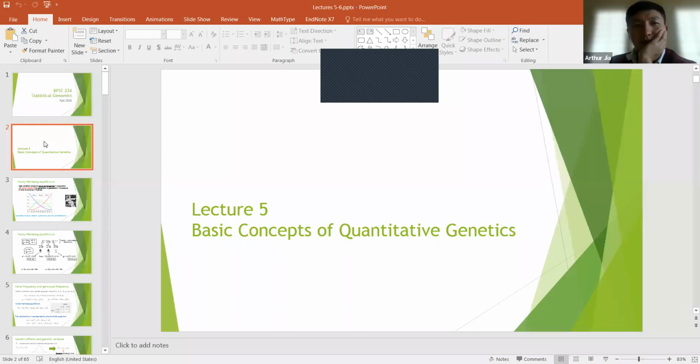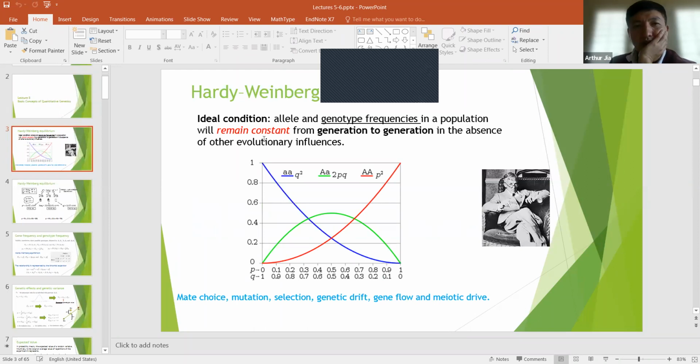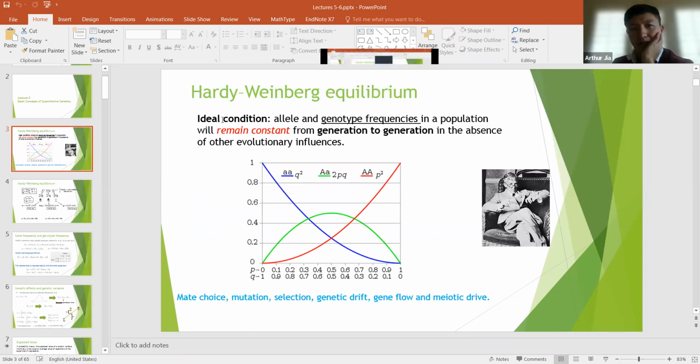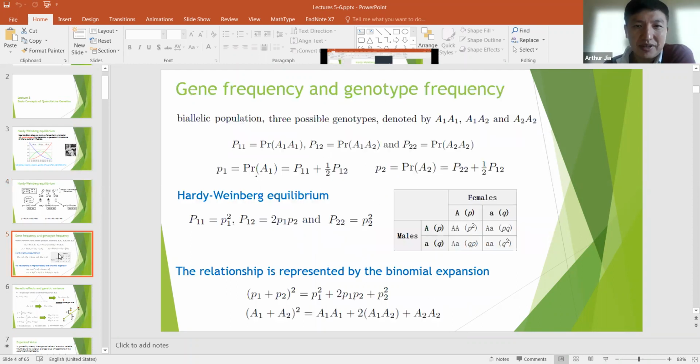Okay, chapter 5. So the first thing in chapter 5 is the Hardy-Weinberg equilibrium, right? So understand the concept and what the concept says to us. What does this Hardy-Weinberg equilibrium mean for a population? You need to understand the concept here.